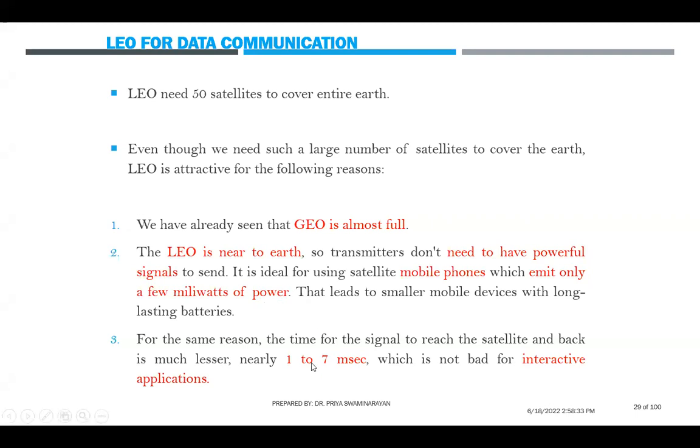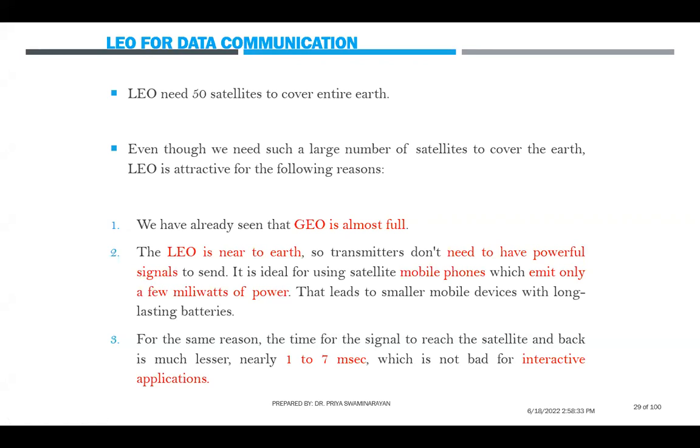How much time do we need for LEO communication? We need only 1 to 7 milliseconds. In case of GEO, it takes 270 milliseconds. But here it takes only 1 to 7 milliseconds. Because of that, this one is used for interactive communication.